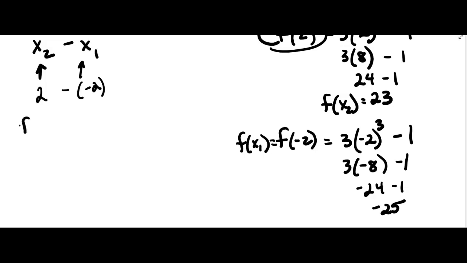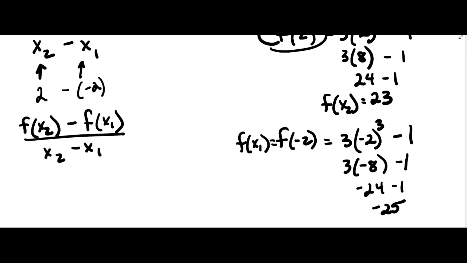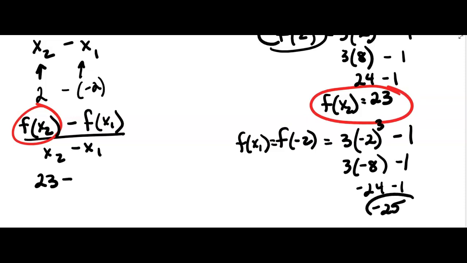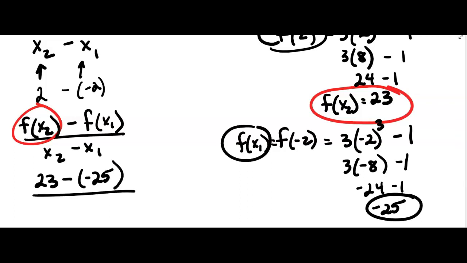So remember, it's f of x sub 2 minus f of x sub 1 over x sub 2 minus x sub 1. Okay, so what is this part right there? That was 23. So 23 minus negative 25. And then over, we had the 2 minus a negative 2. And so you wind up getting 48 over 4.